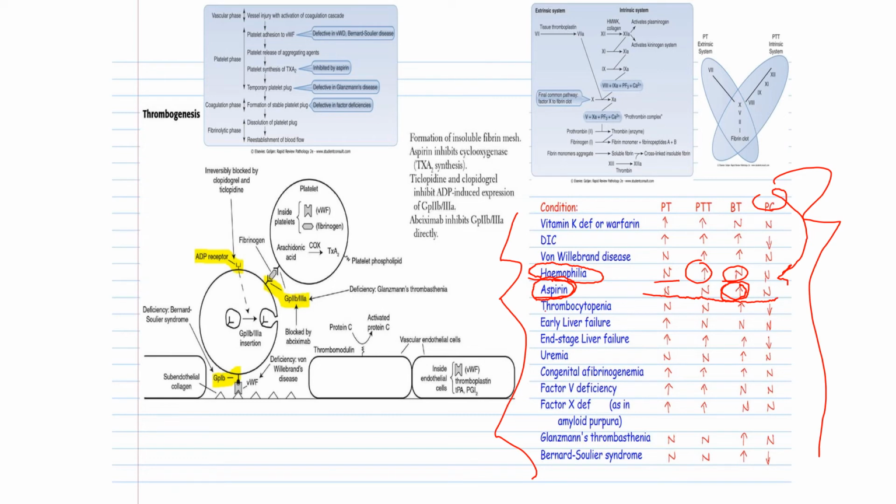Thrombocytopenia, low platelet count. This will lead to decrease in platelet count and increase in bleeding time. It will affect the function and the quantity, because if you have low platelet count, definitely this will lead to a prolongation in bleeding time. But it will not affect PT or PTT.